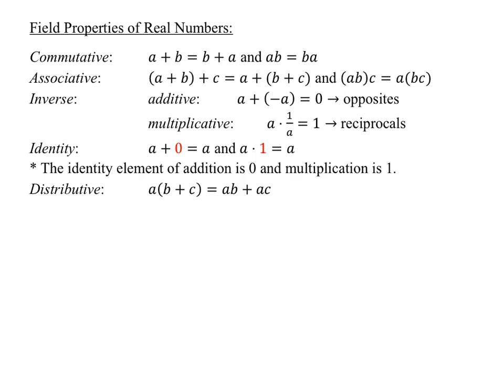All right, some field properties of real numbers that you've heard of before. Commutative. How do you remember commutative? Sort of like something moving. To commute is something moving.